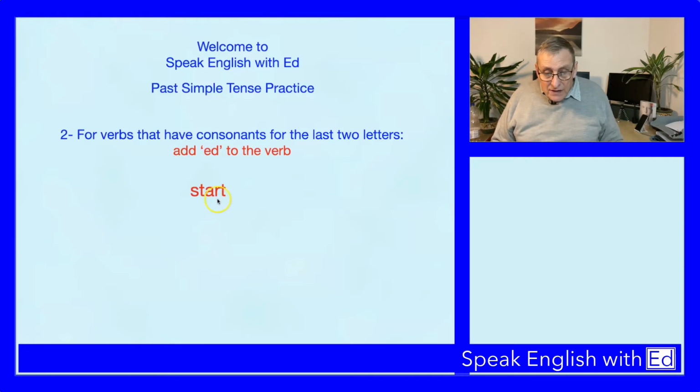Because they're consonants, we add ed, and then we end up with started, the past tense of start. Start is the verb in its present tense, and started is the verb in its past simple tense.